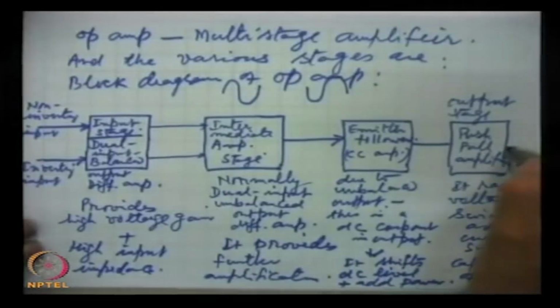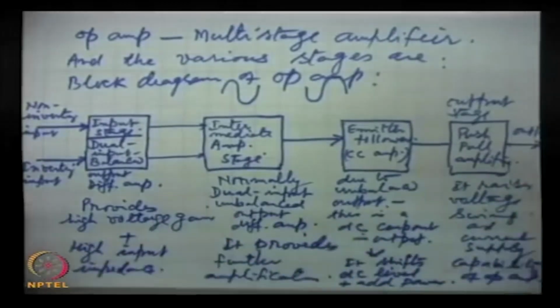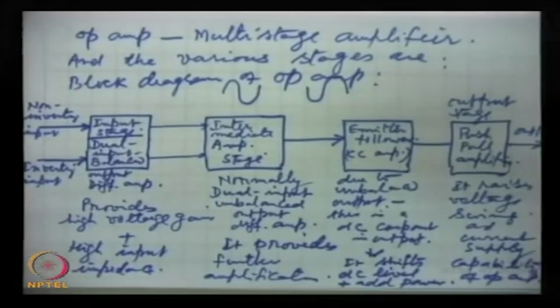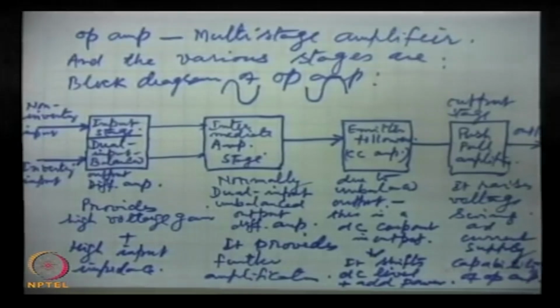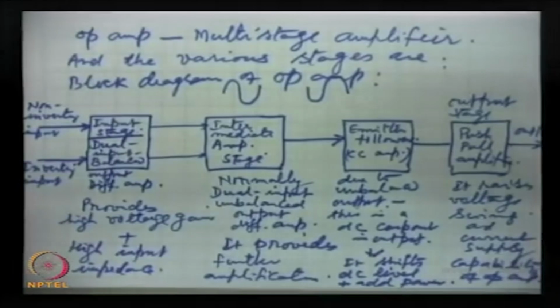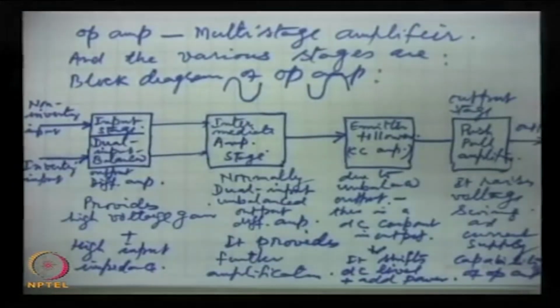And this is the output. So, these are the various stages of the op-amp, and there may be some variations, as I said, since a large number of different types of op-amps have been developed. So, some small variations are there, but basically these are the stages which form an op-amp.